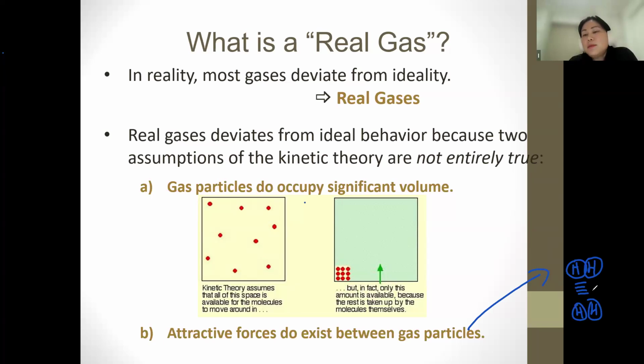For most molecules, they are non-polar, so the name of these intermolecular forces is usually London dispersion force. So there are intermolecular forces between the particles, and how does it affect the behavior? It brings them close together.